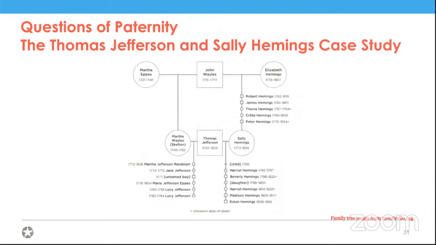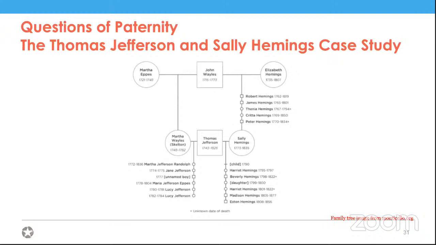So on this slide, we have a family tree listed here, with Thomas Jefferson being that lower square. And then above, it's showing the relationship between his wife and Sally Hemings, as well as their relationship to his father-in-law. So it is important to note that Thomas Jefferson's situation is very complex.